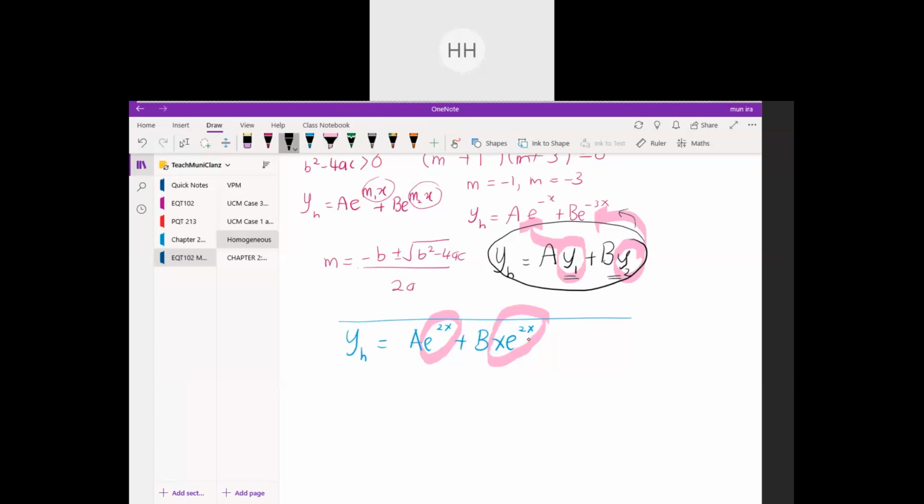Okay. So again, if you have e^(2x)(a cos 3x plus b sin 3x). So tell me, what is your y1? y1 is e^(2x) cos 3x.